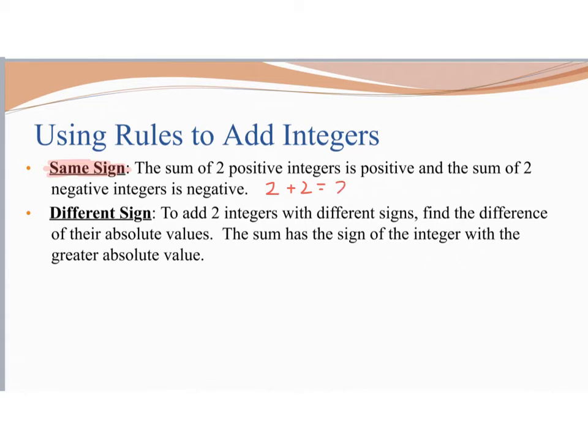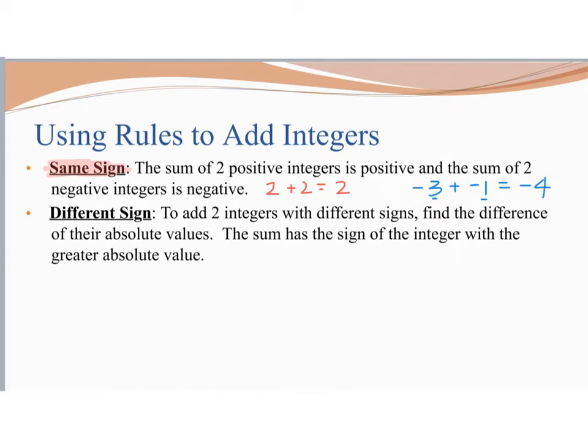This will give me a positive 4. Or I could do something like negative 3 plus a negative 1. Because both of these are negative, I know that my final answer will also be negative, and then I just add the integers 3 and 1. So negative 3 plus negative 1 is going to give me a negative 4.